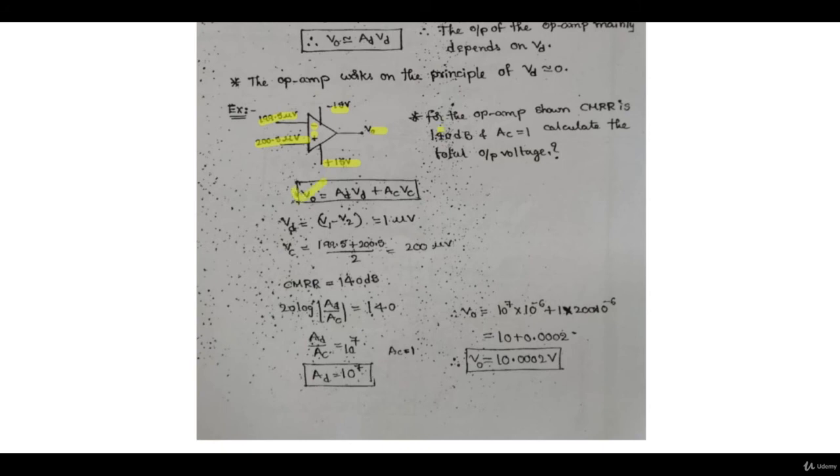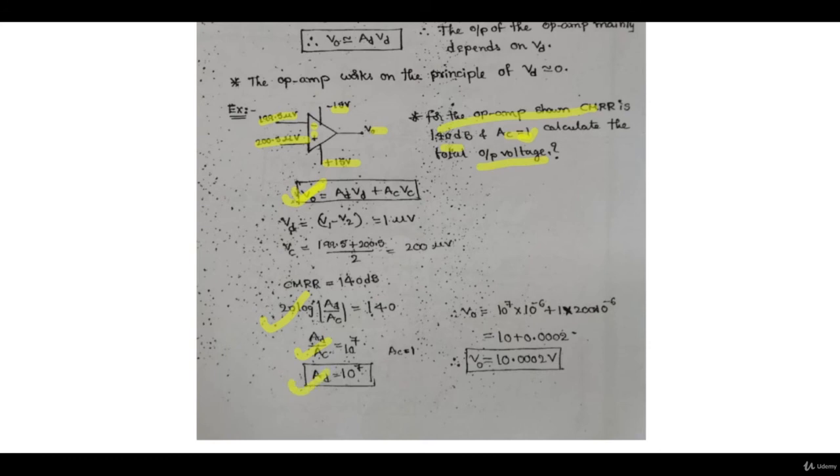For this op-amp, CMRR is equal to 140 dB and AC is equal to 1, and we have to calculate the output voltage. CMRR is known and AC is known, so we can calculate AD. It is given in dB, so 20 log AD by AC is equal to 140, AD by AC is 10 to the power 7, AC is 1, so AD is equal to 10 to the power 7.